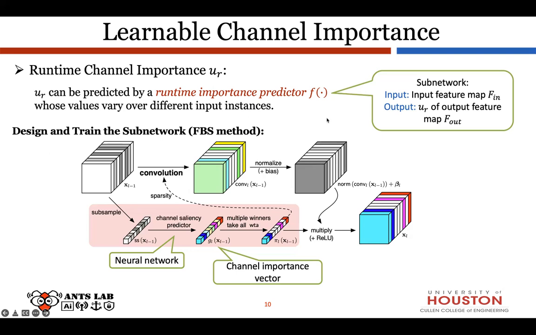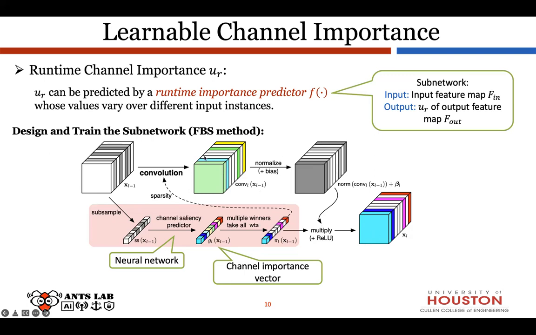Yeah, but somehow you need to determine this. For example, if you don't prune anything, you have one result, and if you prune something, you have another result. Do you do any kind of comparison to decide which channel is important? I think it can be learned during the fine-tuning stage.